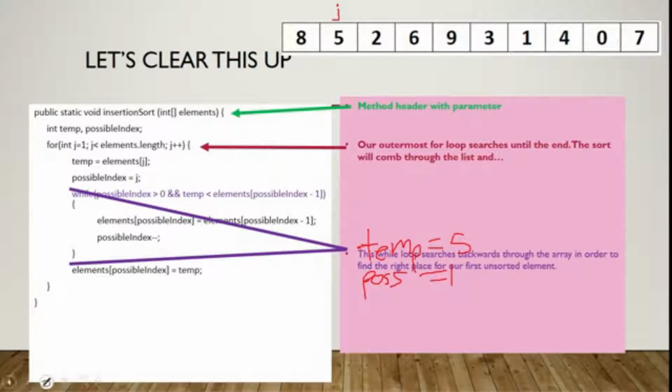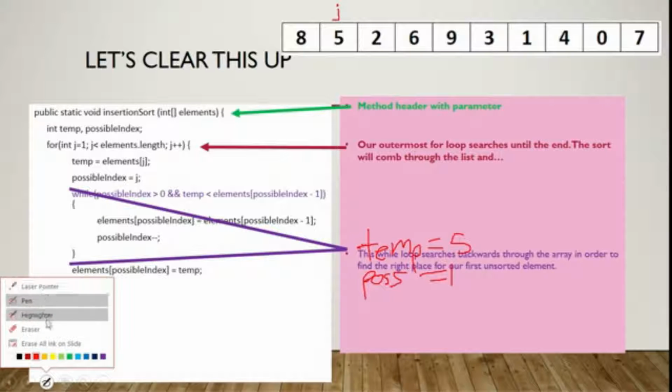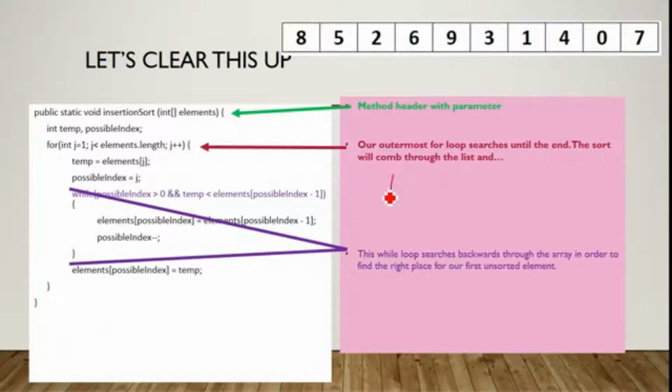So this while loop, let's see if I can explain. Okay, so the while loop is going to search backwards through the array in order to find the right place for our value. So it's going to check from possible index, so long as possible index is not 0, and it's going to keep going until it finds a place where temp is no longer less than that number.